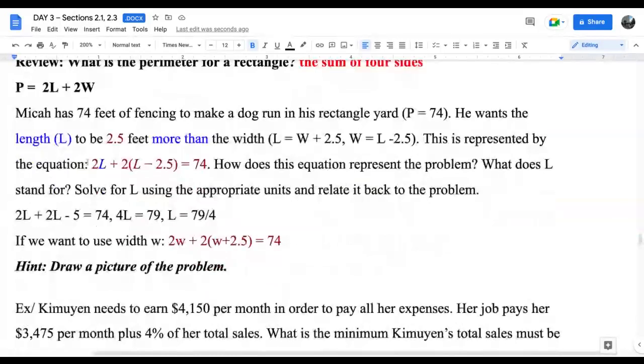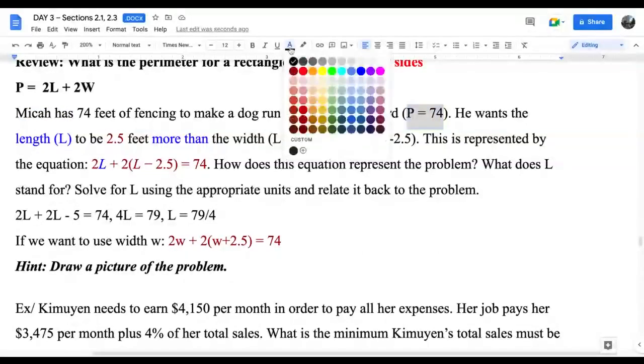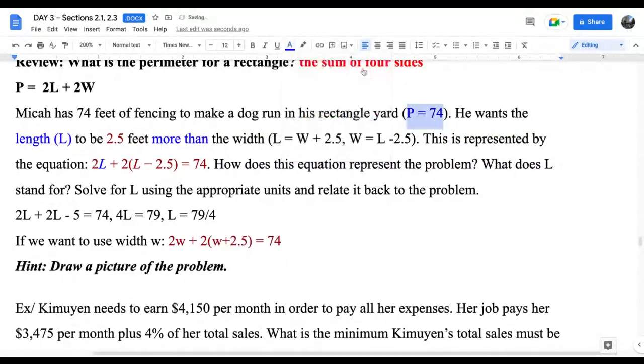Let's see the question. The question is saying Mika has 74 feet of fencing to make a dog run in his rectangle yard. So what does this give us? This gives us the perimeter of the rectangle is 74 because he needs 74 feet to fence it. So the perimeter equals 74. He wants the length to be 2.5 feet more than the width.